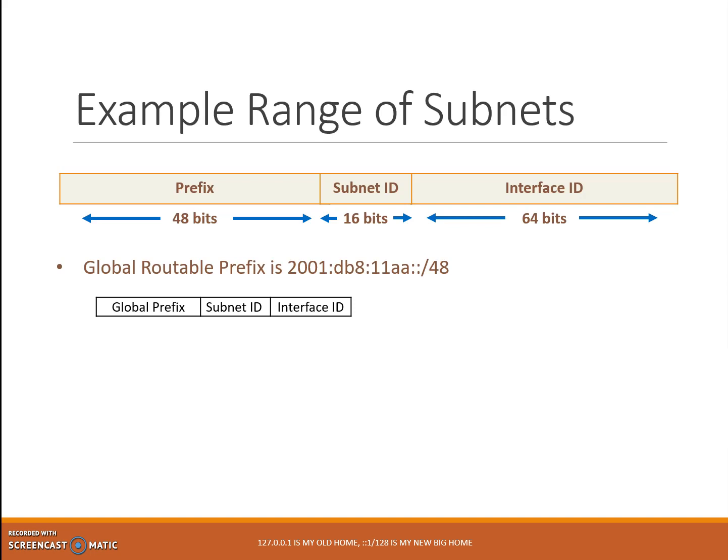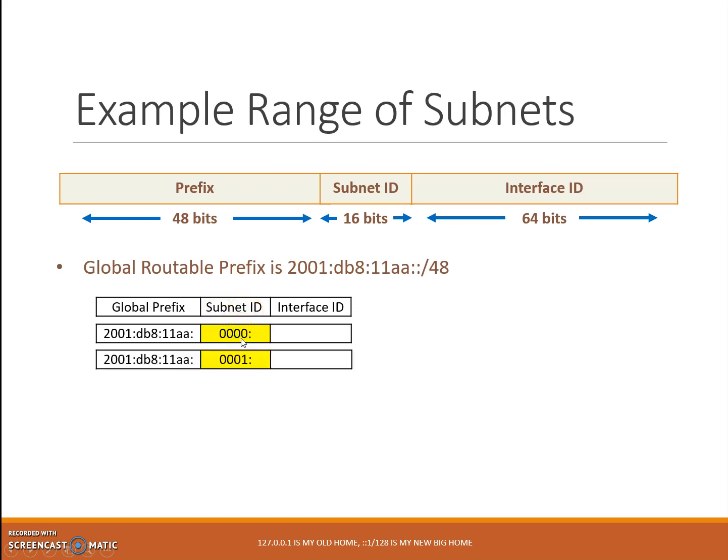The segments within our site will be numbered like that: 2001:db8:11AA: and then the ID for the first subnet, which is 0000.